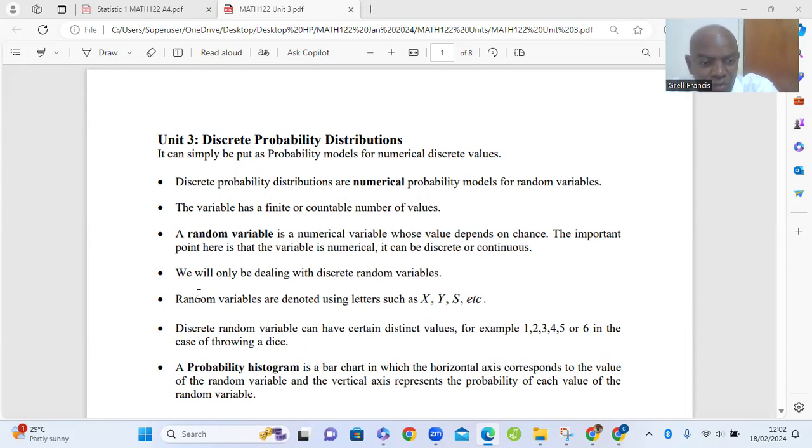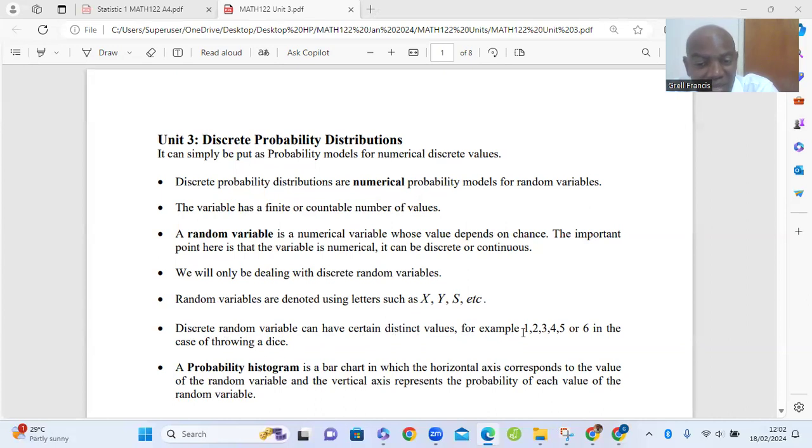According to say, we will only be dealing with discrete random variables, that's countable variables. Random variables are denoted using letters such as X, Y, S, etc. So now, a discrete random variable can have certain distinct values, for example, 1, 2, 3, 4, 5, or 6 in the case of throwing a dice. So when you throw a dice, there's a probability of getting a 1.